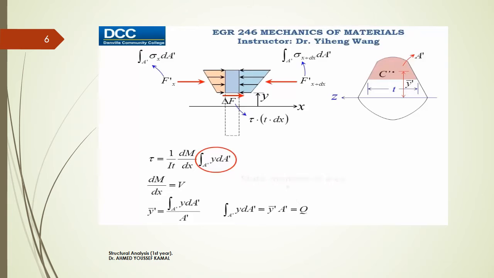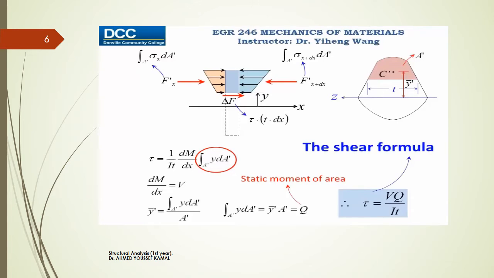And we call it Q, the static moment of an area. It has the unit of length to the third power. Therefore, from here, we can determine tau to be VQ over It. And this is known as the shear formula.